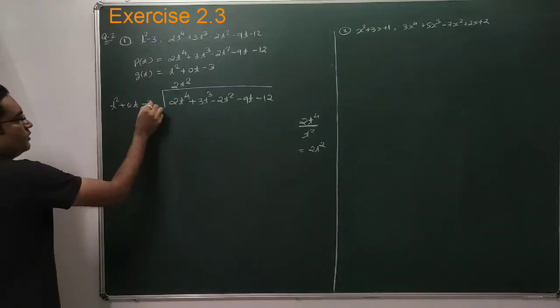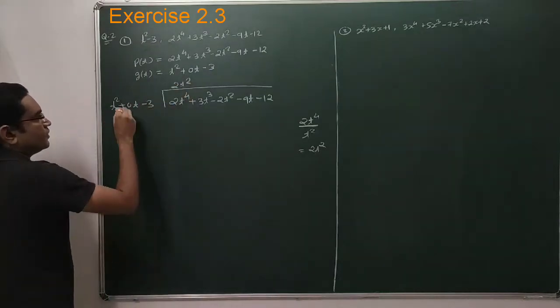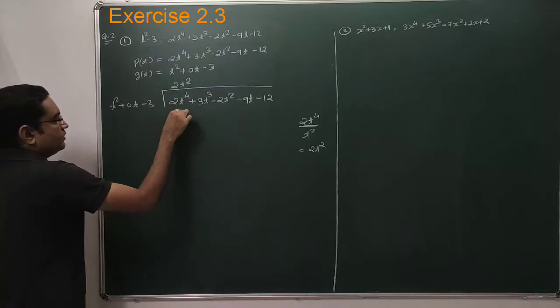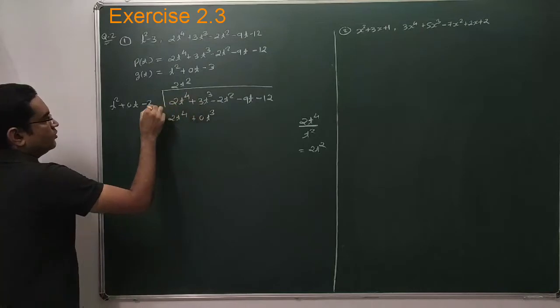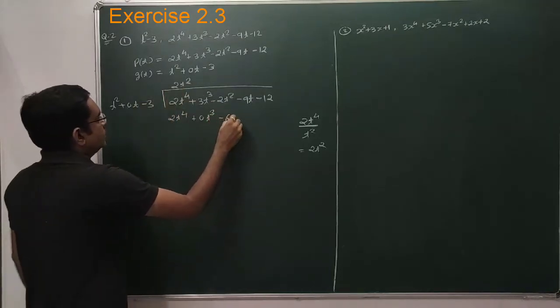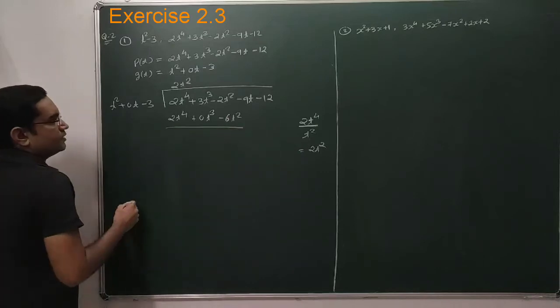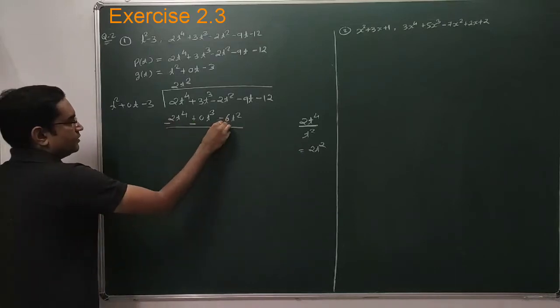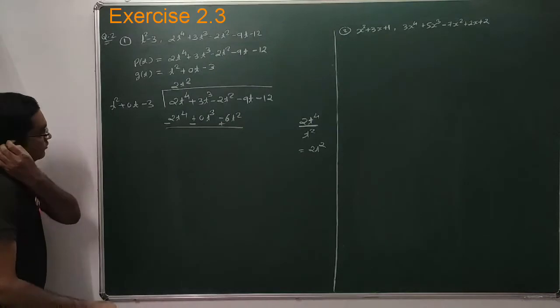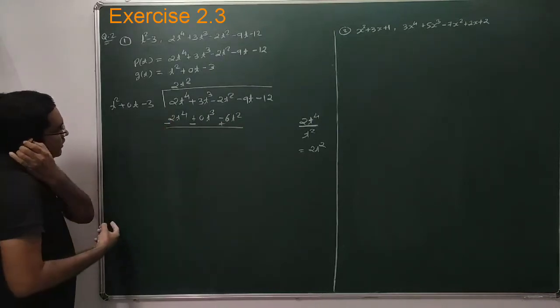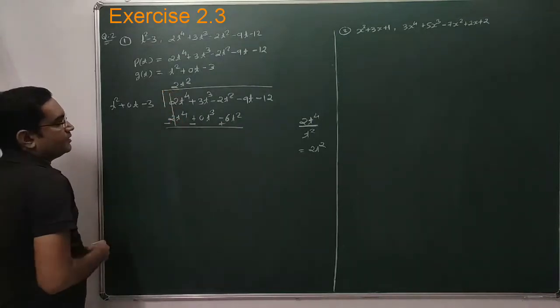Done? Now multiply all these three terms with this 2t square. So it's 2t raised to 4. This will be 0t cube. This is minus 6t square. Next step, change the sign, minus minus, and this will be plus. So here 2t raised to 4 minus 2t raised to 4, it will be cut.